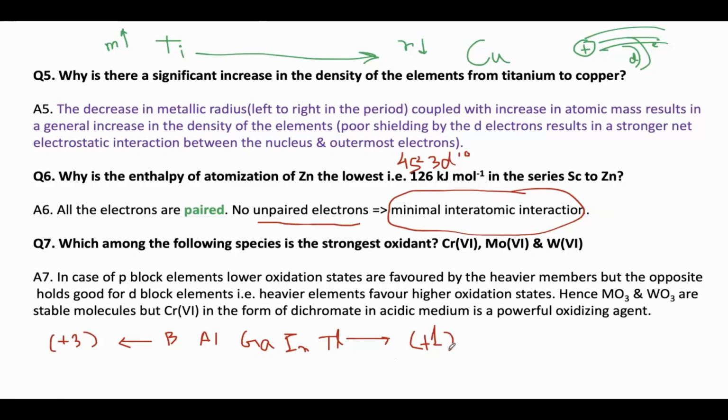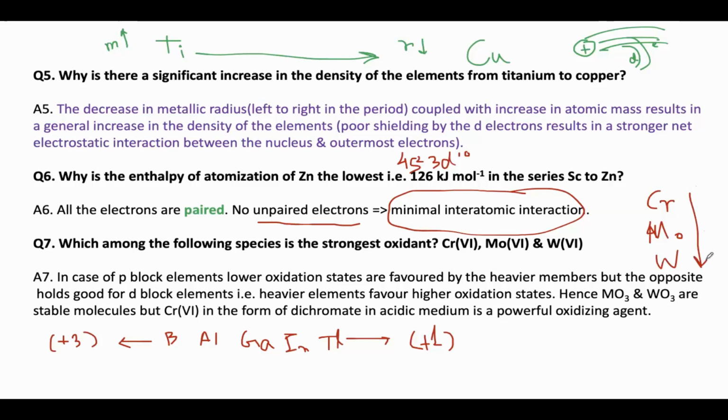In case of d block elements, the heavier elements favor the high oxidation states. So now we have chromium in the 3d, molybdenum in the 4d, and tungsten in the 5d. From top to bottom, from chromium to tungsten, the principal quantum number or the heaviness of the mass increases.